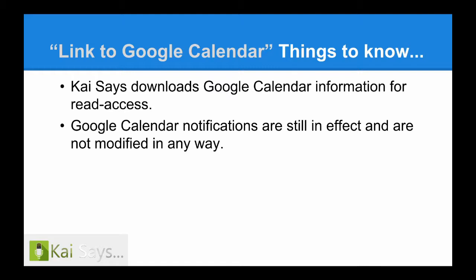Those notifications within Google Calendar are not part of the KaiSays system. So, if you are starting KaiSays and you have an existing Google Calendar account, whatever notifications you set up within Google Calendar are still in effect.